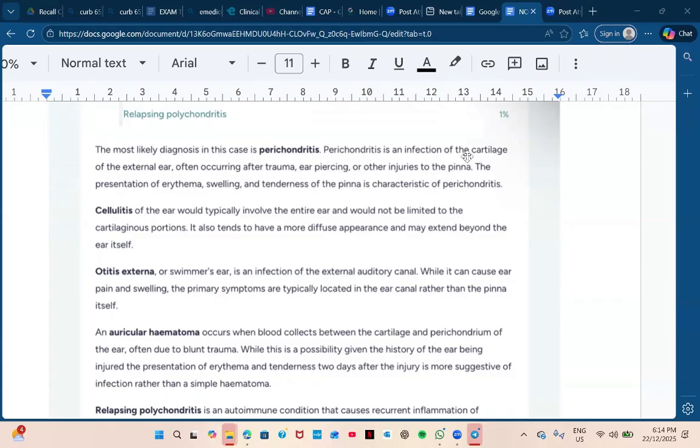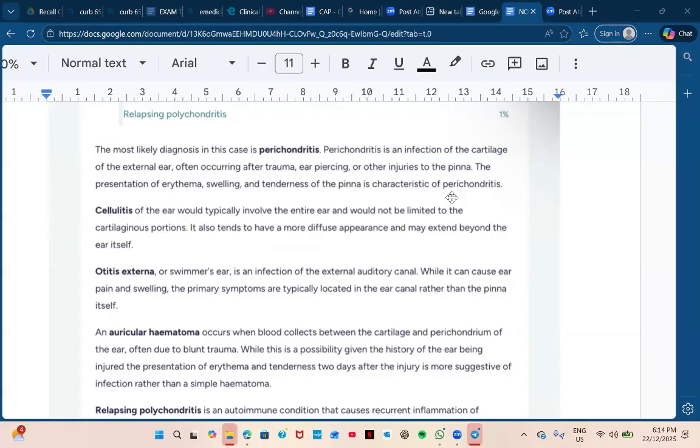Perichondritis is an infection of the cartilage of the external ear. Okay, chondrium means cartilage, right? Often occurring after trauma, ear piercing, or other injuries to the pinna. The presentation of erythema, swelling, and tenderness of the pinna is characteristic of perichondritis. So please remember clinical symptoms.